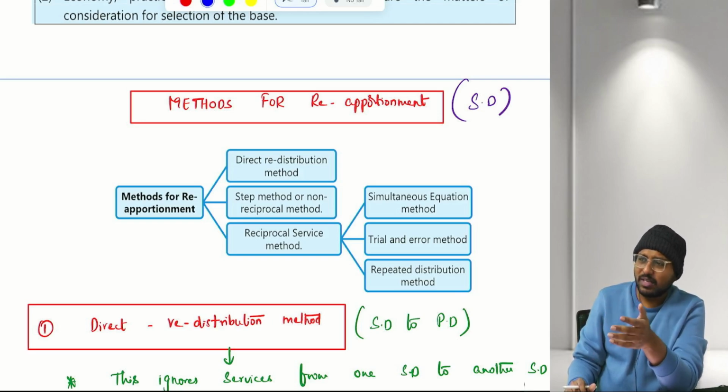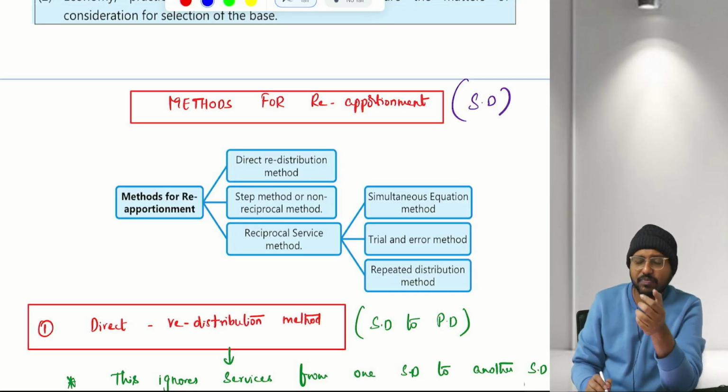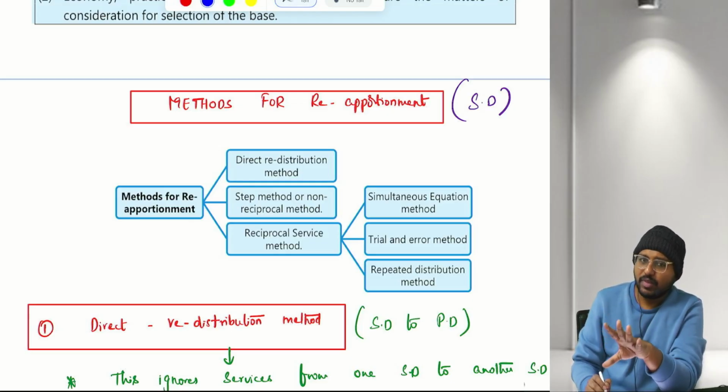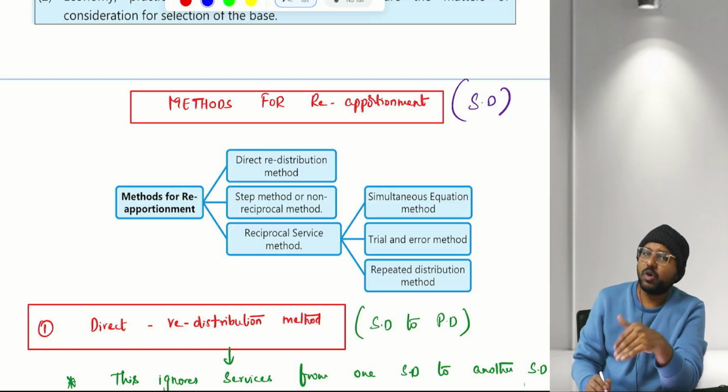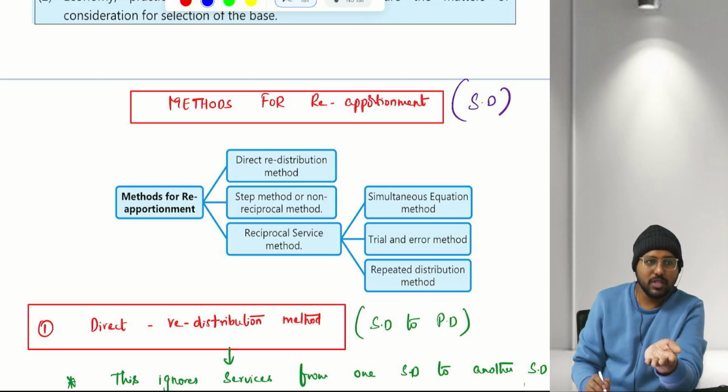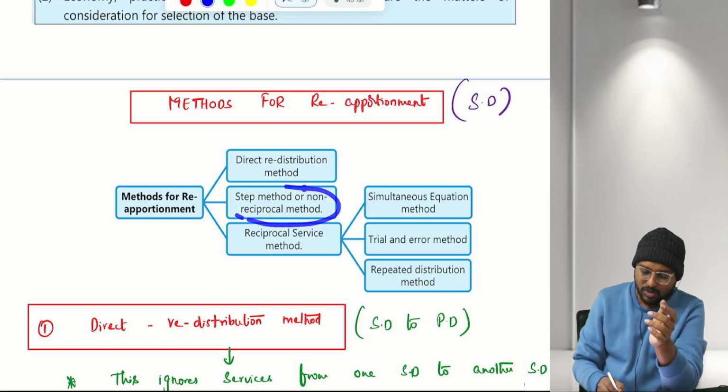When it is not given, it's crystal clear that you have to solve it under this method only. Sometimes data will be given in the question, but the question will specifically ask you to do it as per direct distribution method. Then what you have to do is ignore the data and solve it as if the data is not given in the question. You get it?